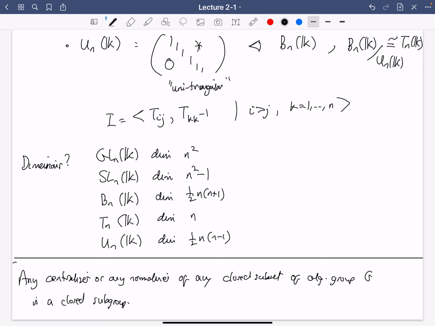So the centralizers and normalizers, the things you normally play with when doing basic group theory, providing you start with a closed subset, those give you new algebraic groups because they're closed inside the original group G.